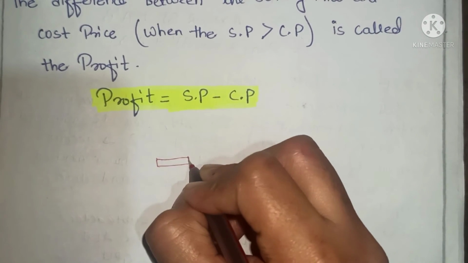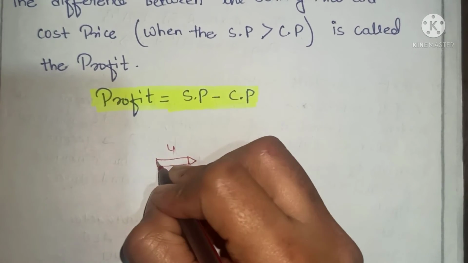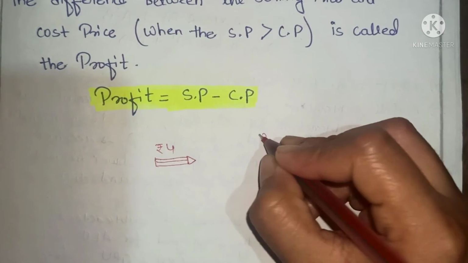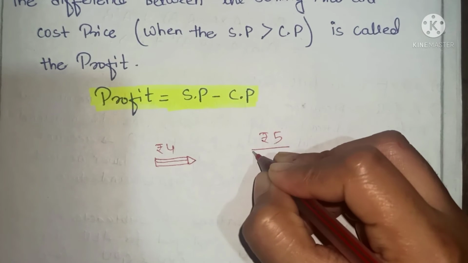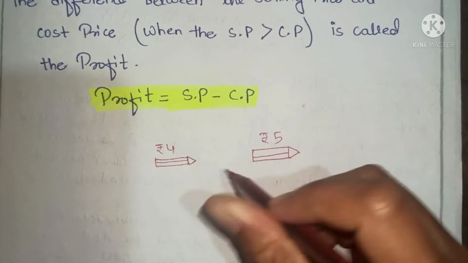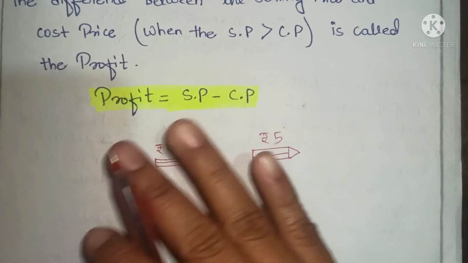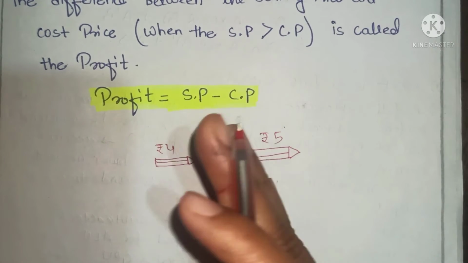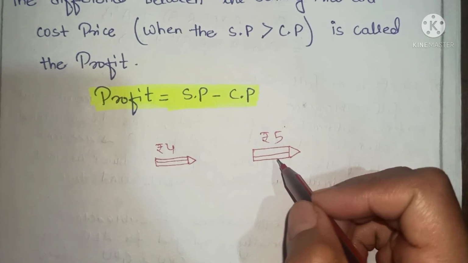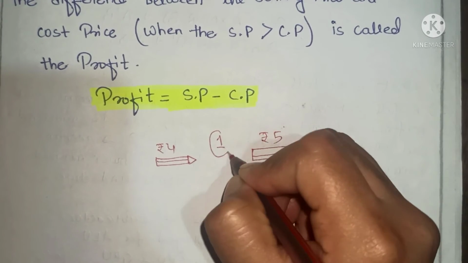Suppose we buy a pencil at rupees 4, and we sell the pencil at rupees 5. So, we are selling the pencil at a high price, not at the same price, right? We are keeping 1 rupee extra. We are taking extra 1 rupee and then we are selling the pencil.